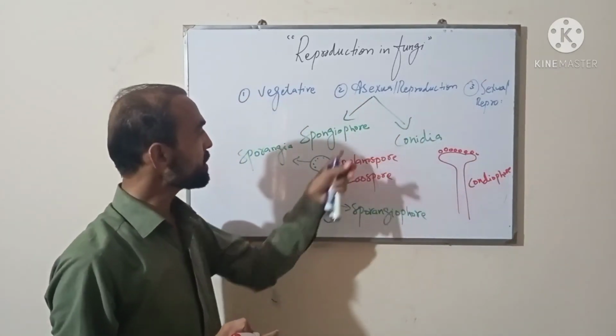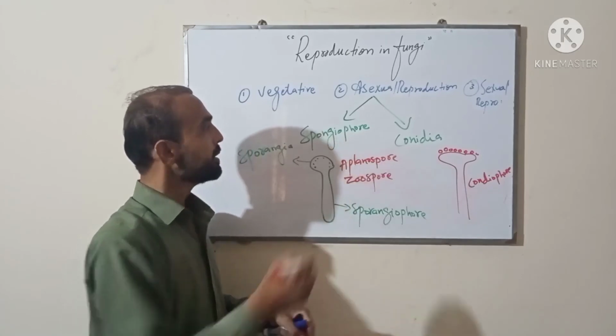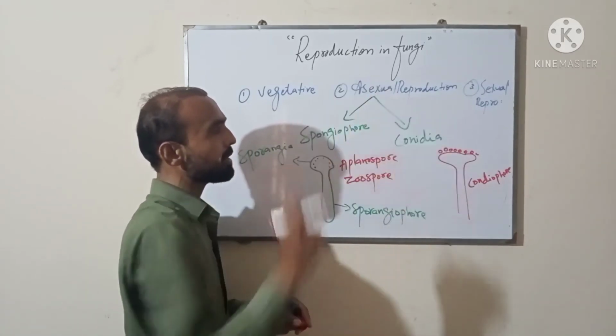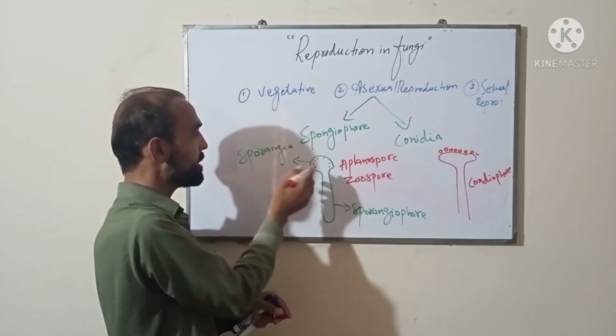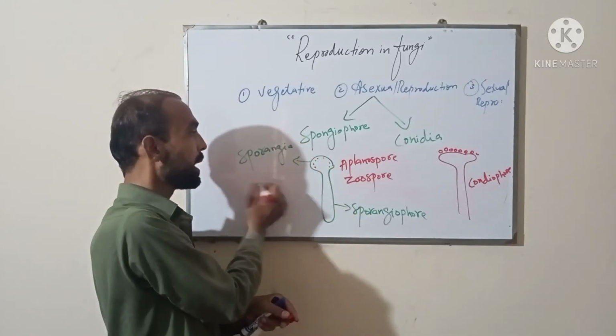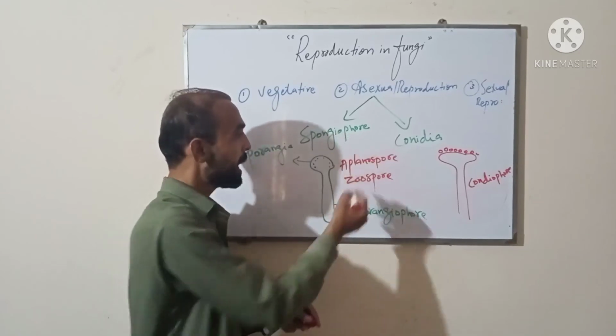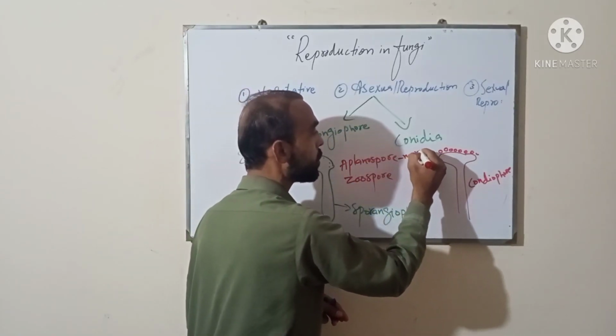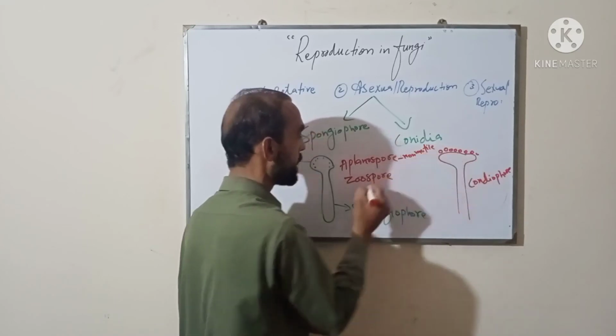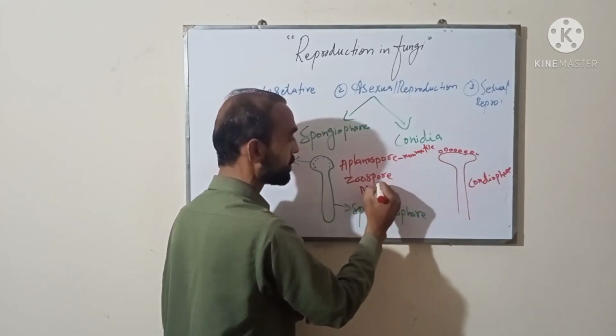The main difference between sporangiophore and conidia, these two types of asexual reproduction, is that in sporangiophore, spores are present inside the sporangia, and it produces two types of spores: aplanospore, non-motile, and zoospores, motile.